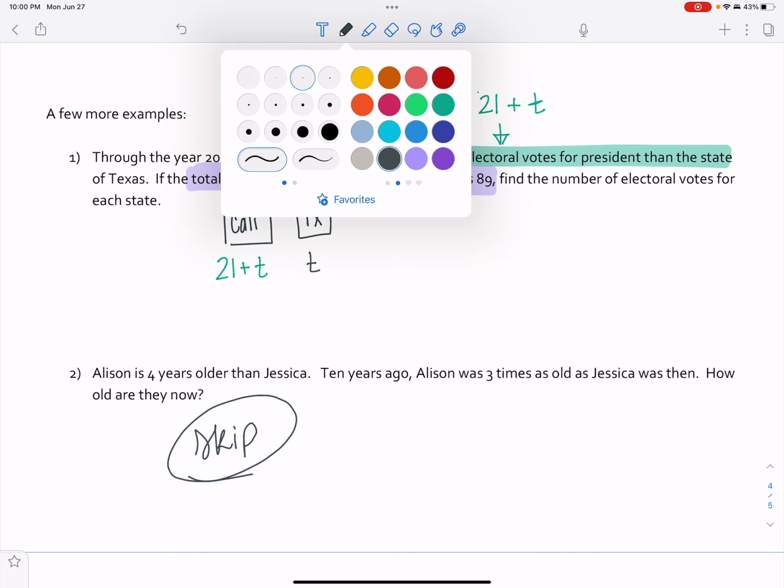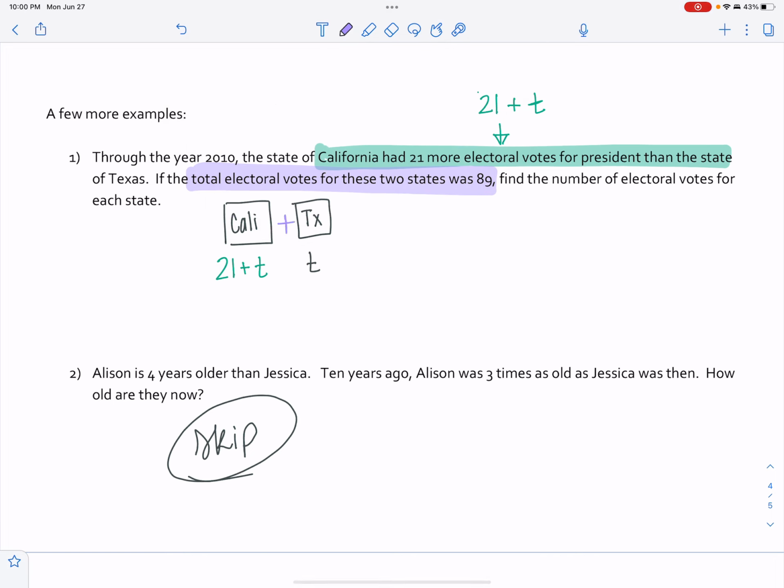So if I add California's votes and Texas's votes together, I would get 89 total. And so I can use that down here to say that 21 plus T, that's California, and then T, Texas, has to be equal to 89.